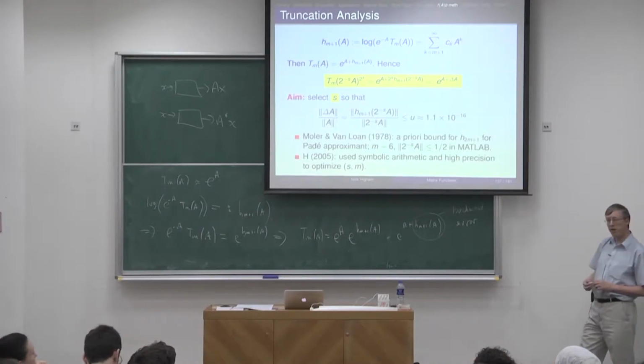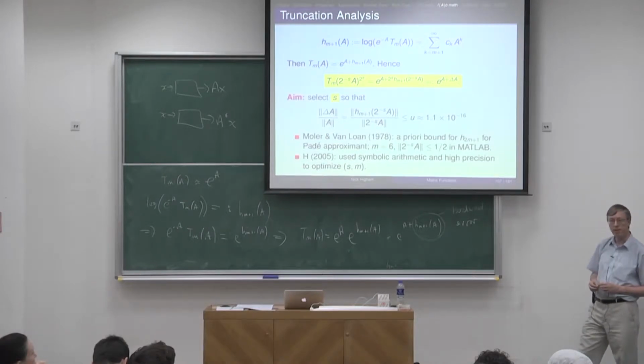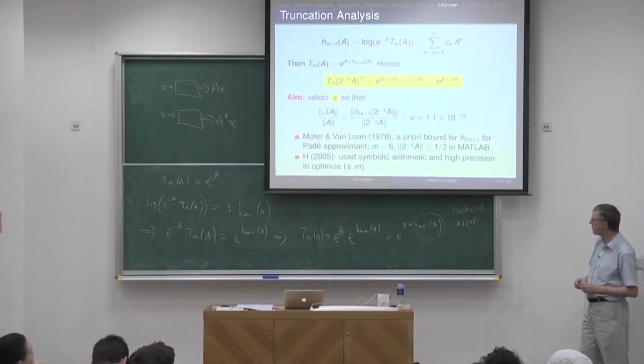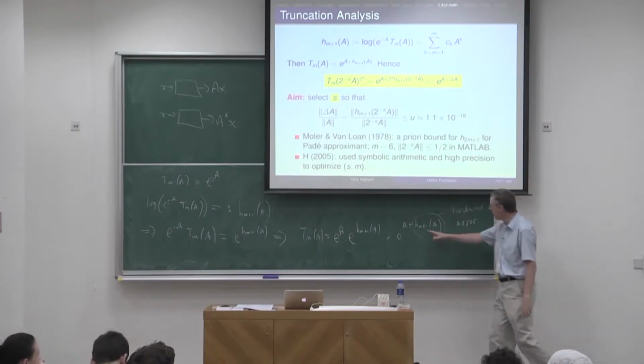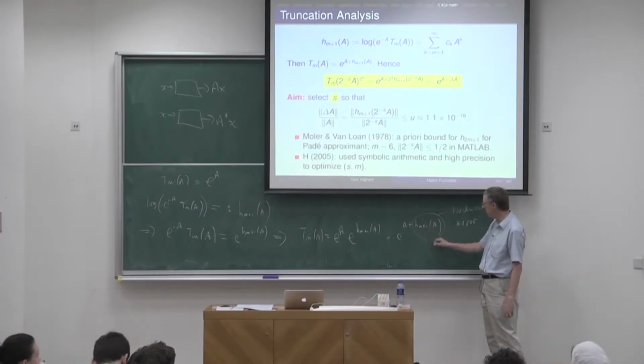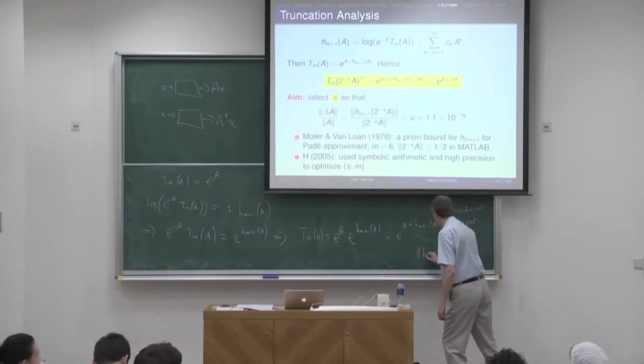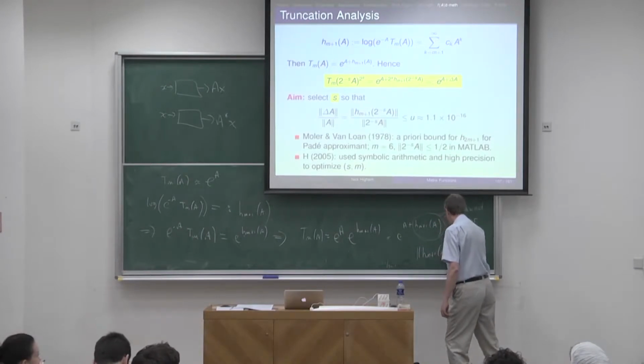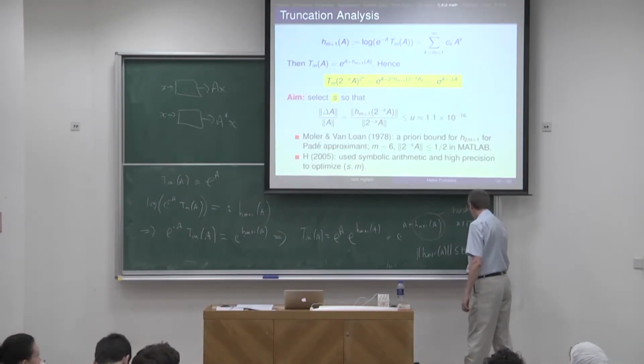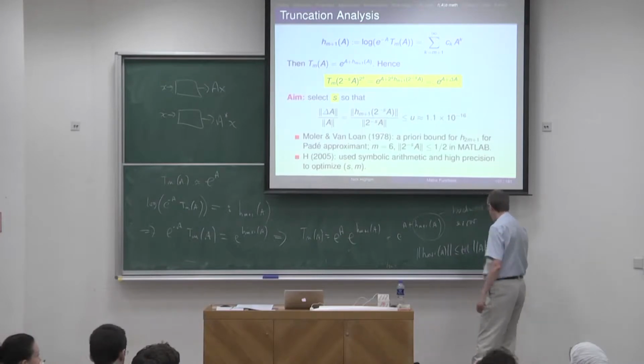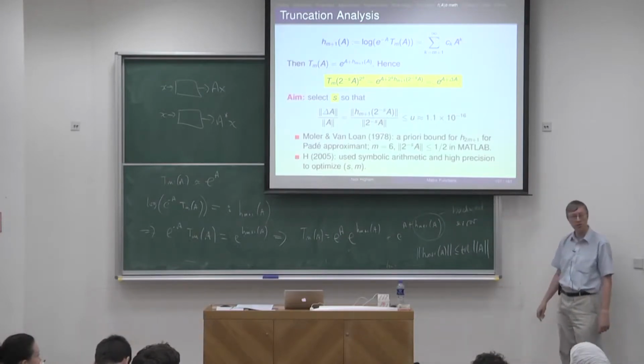Now the nice thing about backward error is that it's easy to decide how big you want it to be. So I can just now require that the norm of h_{m+1}, I want this backward error to be bounded by tol times norm A. There's no condition number comes into this at all.